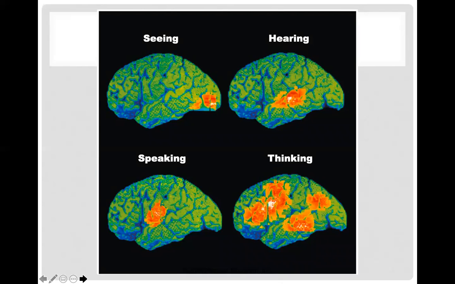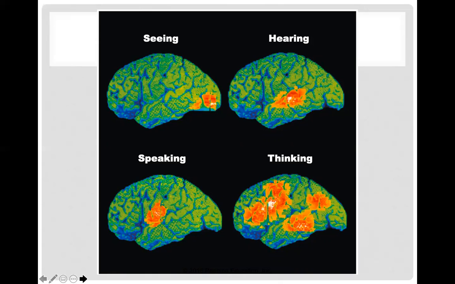What it actually means is that you may see higher activity levels in the occipital lobe, but other parts of the brain are also engaged during that process.